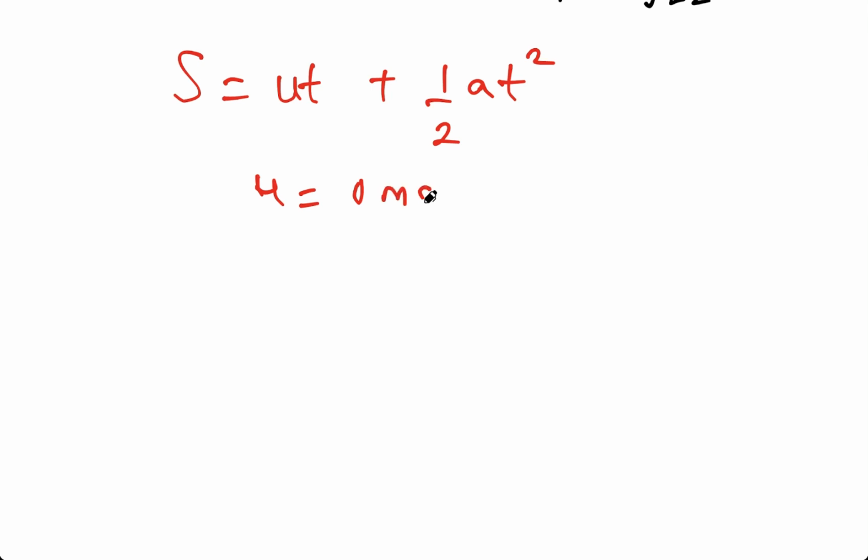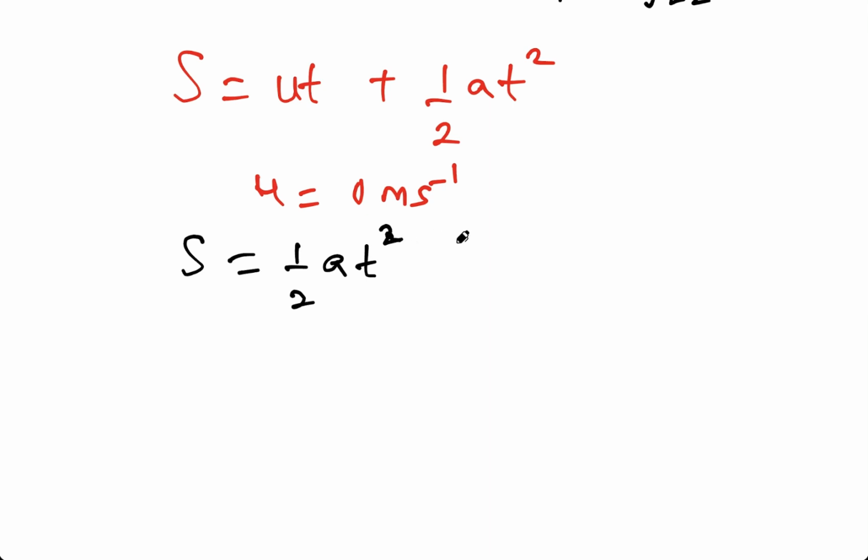Now, you see this equation of motion where you have S equals ut plus half at squared. One thing JAMB likes to give you is that they can say that if this body is starting from rest, meaning that the initial velocity is 0 meters per second, that implies that this expression can easily be written as S equals half at squared.